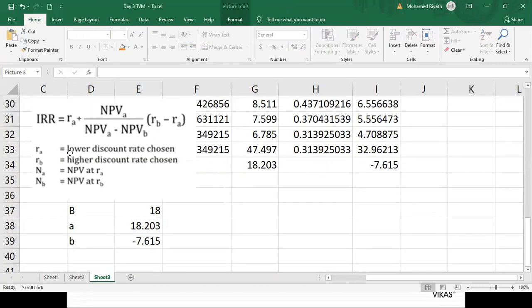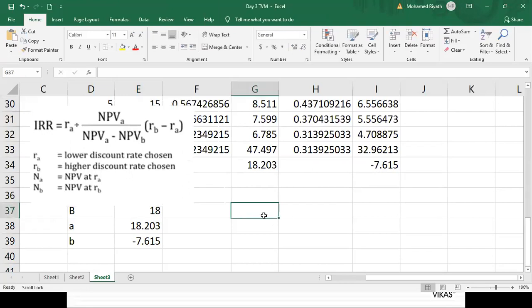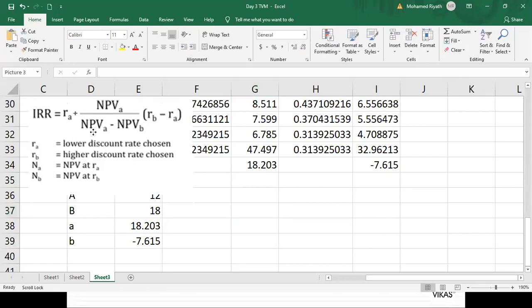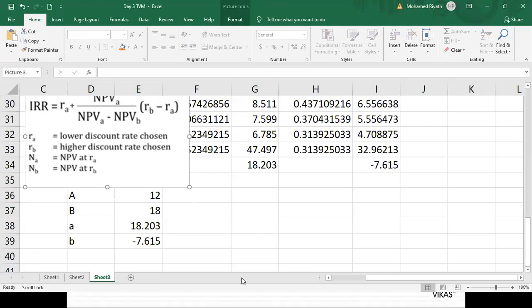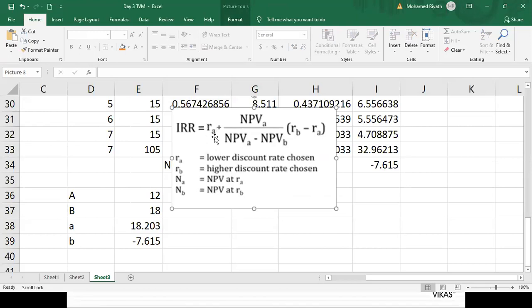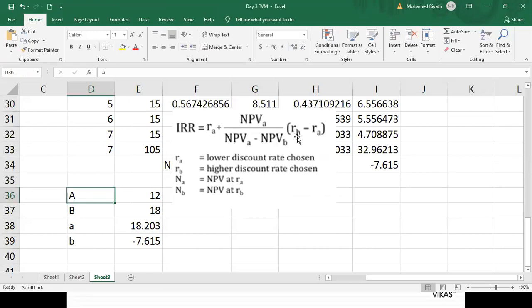Now we will work out the IRR. IRR equals capital A. Capital A is 12%. So we can write the formula and apply it. Capital A and capital B are the rates here.